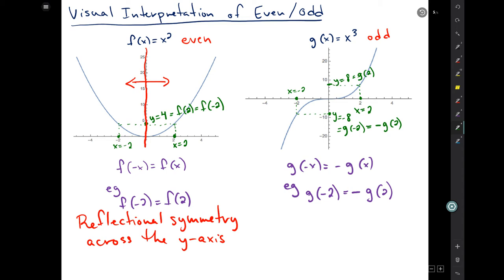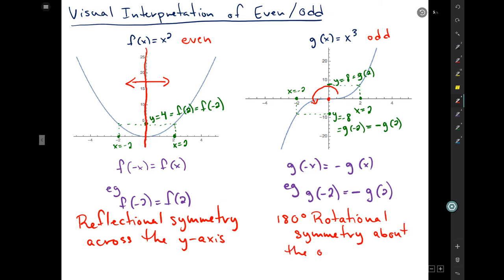So what we see in this picture, it's a little bit harder to see, but if you think about taking your picture and rotating it 180 degrees about the origin, your picture is going to line up on itself. So this has 180 degree rotational symmetry about the origin, which is the point 0, 0.